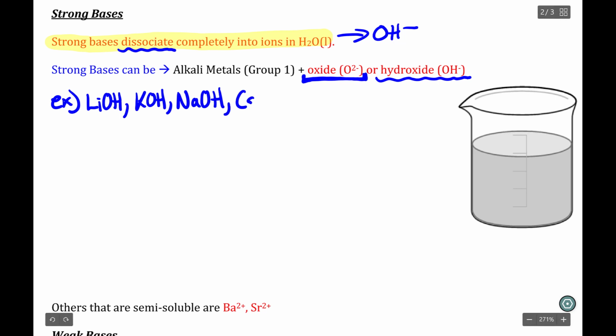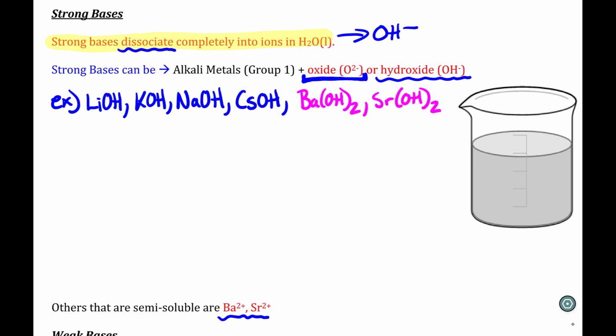You may see a little bit of cesium hydroxide, and then I've added 2 more down here. Most people would say that barium hydroxide as well as strontium hydroxide are strong bases because they do really have high solubility.